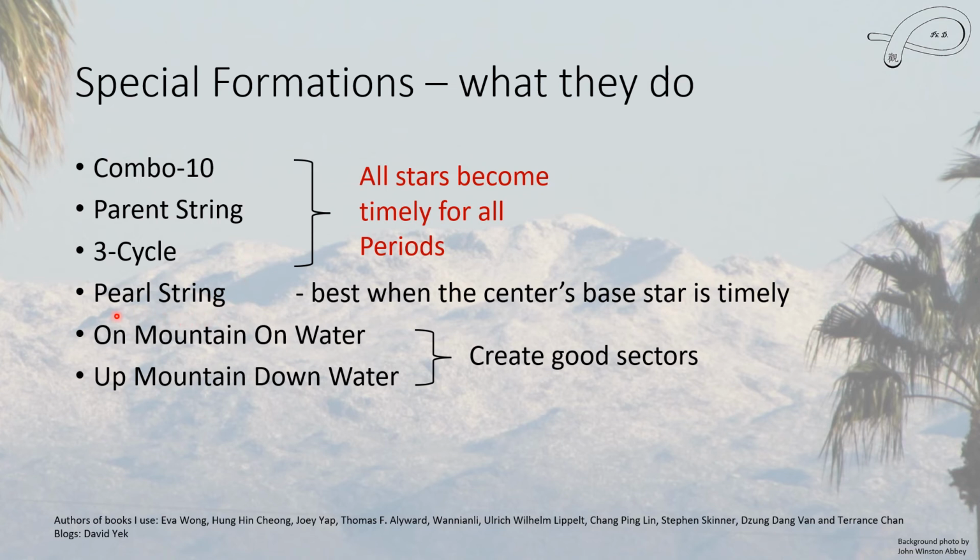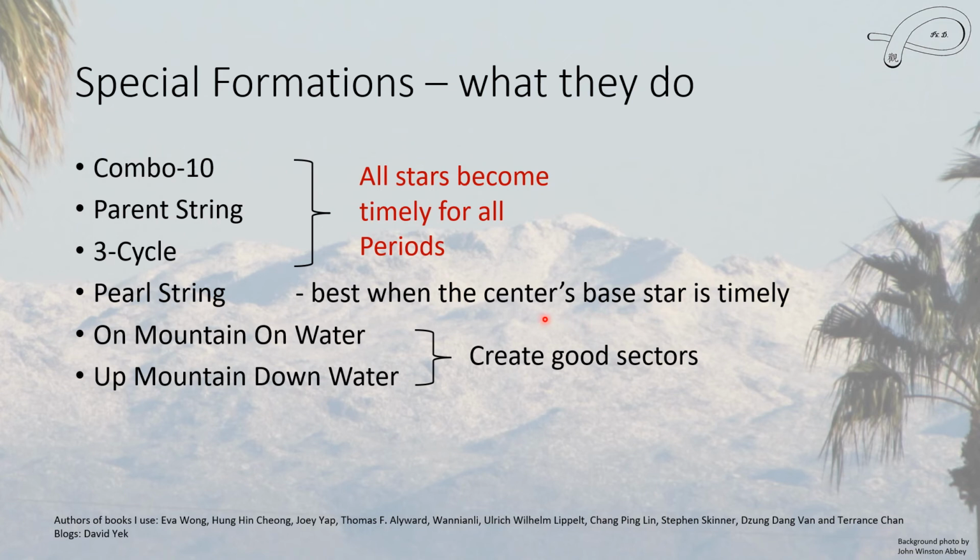There's actually a fair amount of controversy about the pearl string formation. Some believe that it's as good as these three, that is, all stars become timely for all periods. Others believe that this formation is only this good when the center's base star is timely.